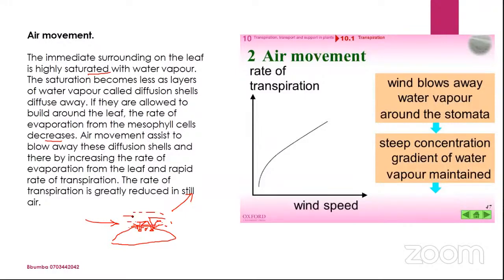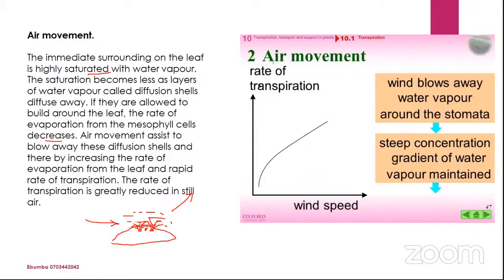But normally there should be some air blowing. So normally when water vapor builds around the leaf surface, creating diffusion shells, some air is supposed to come and blow away those water molecules so that more can escape from the stomata.